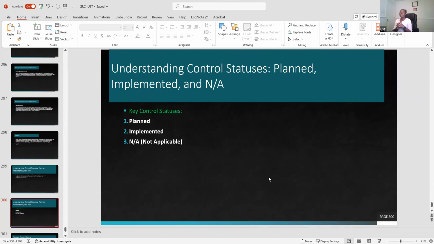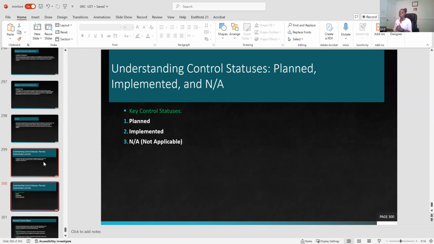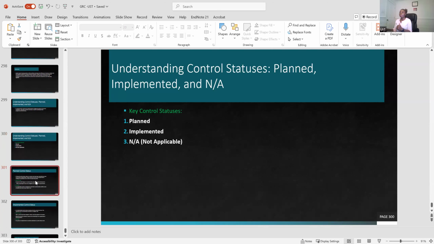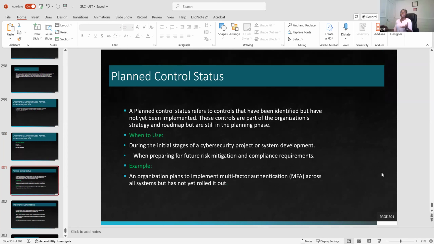So, for example, the key one is, we have three control statuses. We have planned, we have implemented, as well as non-applicable. So, for planned control, what does it entail? A planned control status refers to controls that have been identified but have not yet been implemented.